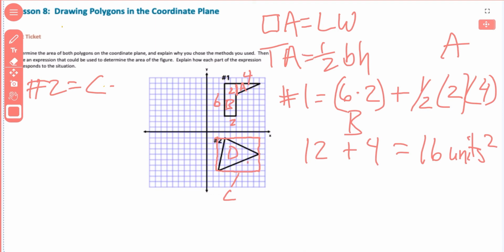So you're going to take, let's call this C1, C2, and this one C3. You're going to subtract the area of C1, C2, and C3. That will give you the area of D. So you could say D is equal to C minus our little triangles. Everybody understand that? So let's do that. C is what?